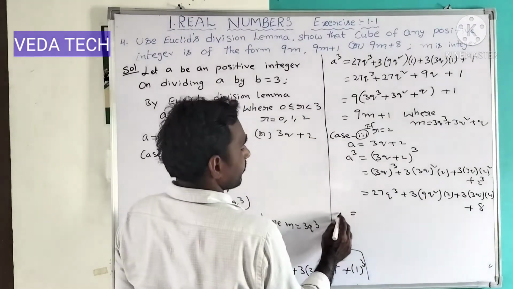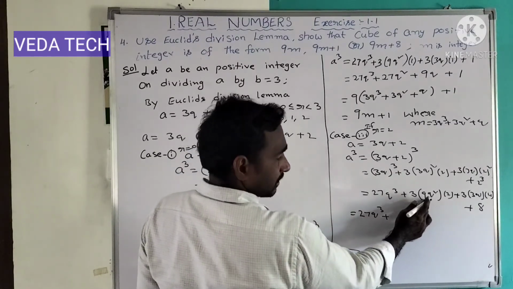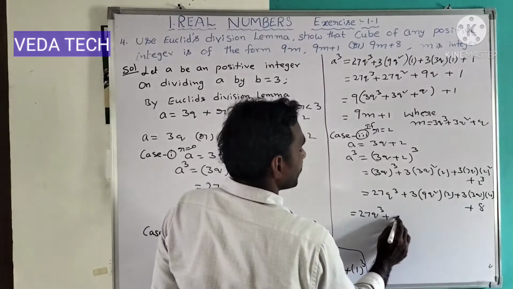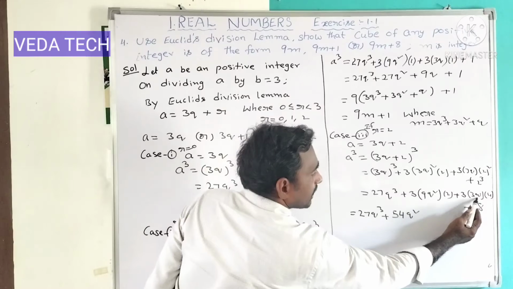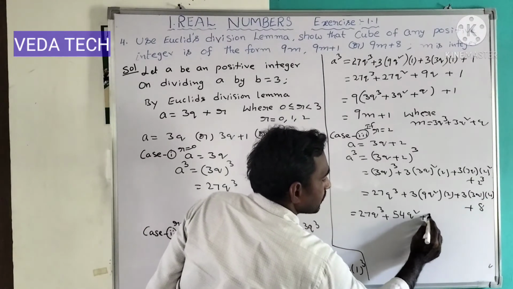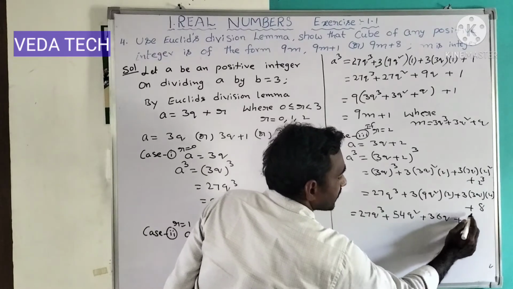So 27 q cube plus 54 q square plus 36q plus 8.